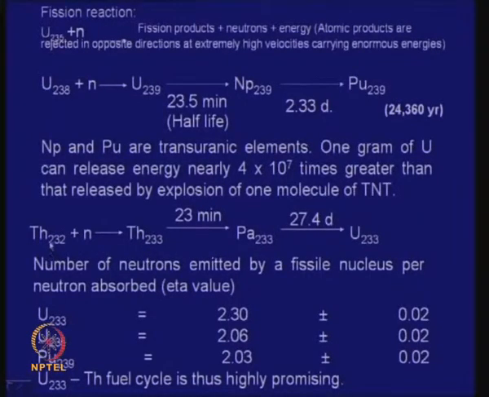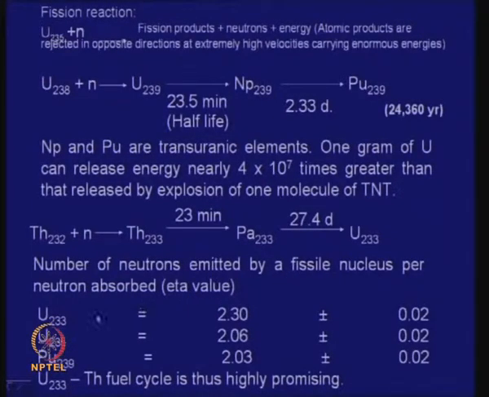Now, coming to thorium-232, the reaction is plus n, thorium-233 half life 23 minutes, then protactinium-233 half life 27.4 days, finally uranium-233, which is stable. This will be fissionable. Now, finally, the number of neutrons emitted by a fissile nucleus per neutron absorbed is called the eta value.